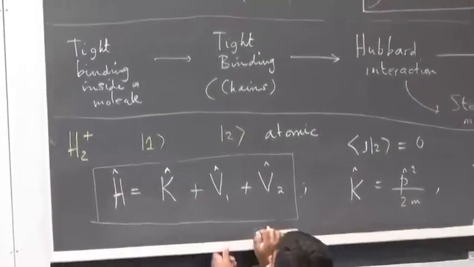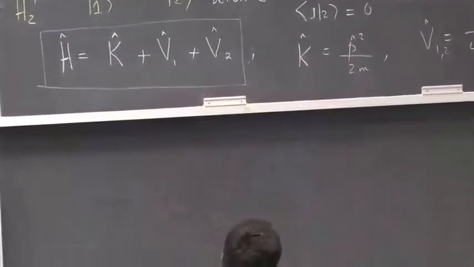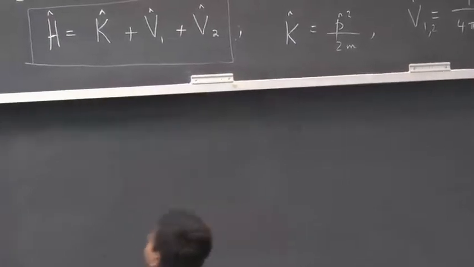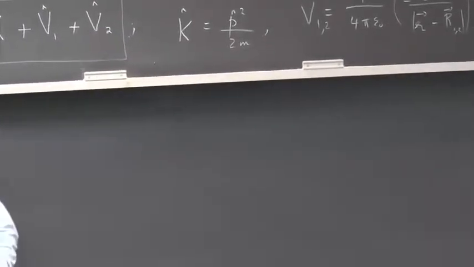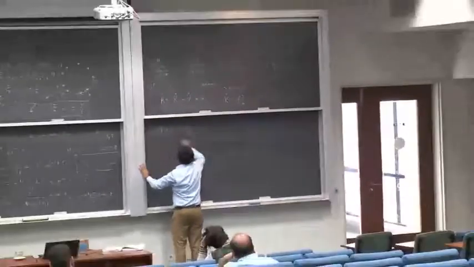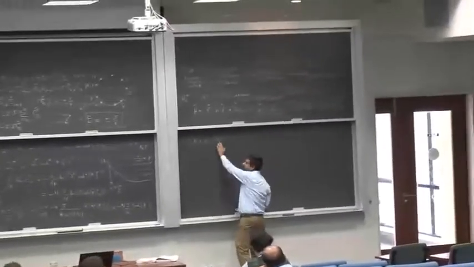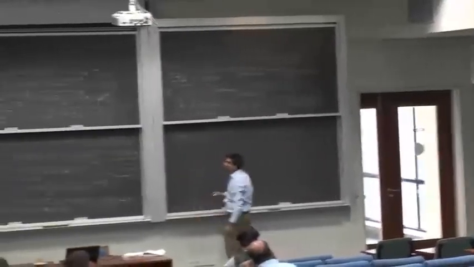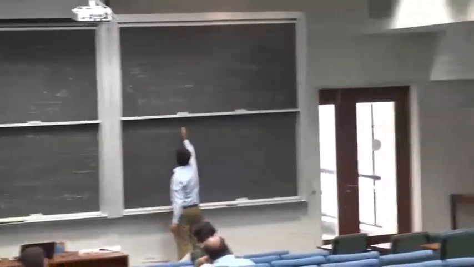And we also have the relationships: K plus V1 when acting on ket1, which is just the atomic orbital for the first nucleus, will just give us the ground state energy E0 for the electron.